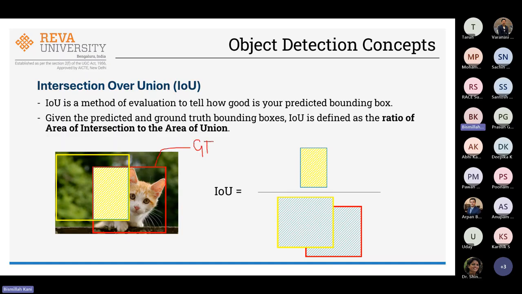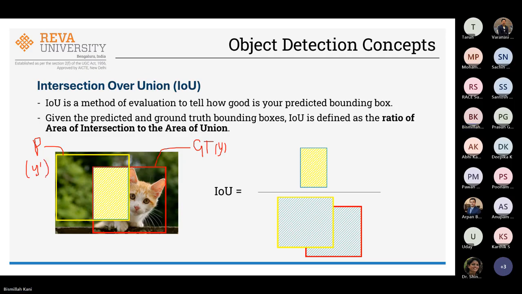The model is not outputting two boxes. The model is outputting this yellow box. So in your machine learning world, this is Y, and this is Y hat.